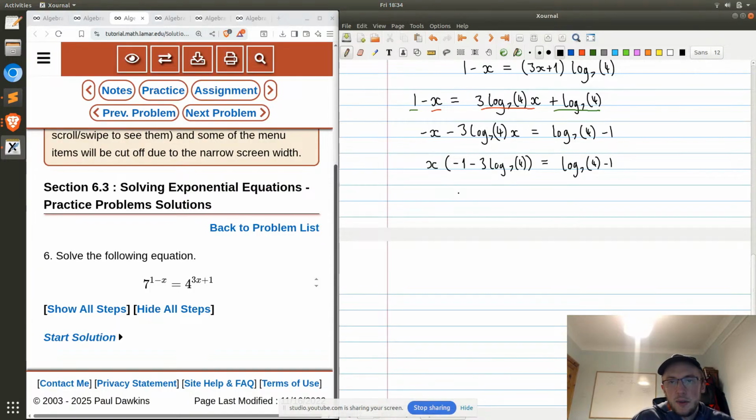And the last move is just divide everything through by x. Yeah, really long-winded, but I think we got there in the end.